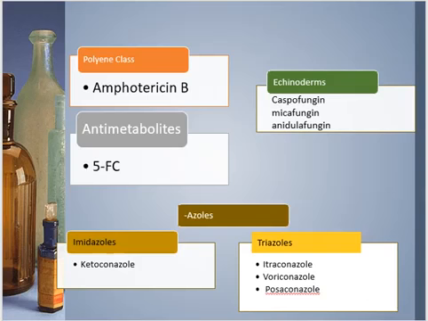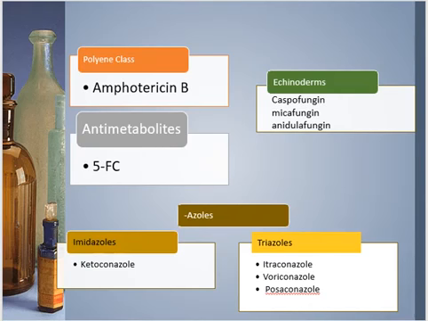The drugs that are in these classes include amphotericin B, which is the polyene class of compounds, the anti-metabolite 5-fluorocytosine, or sometimes called 5-FC, the echinocandins, which include caspofungin, micafungin, and anidulafungin.